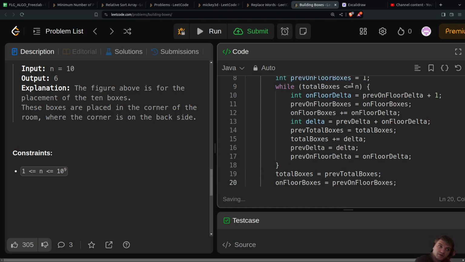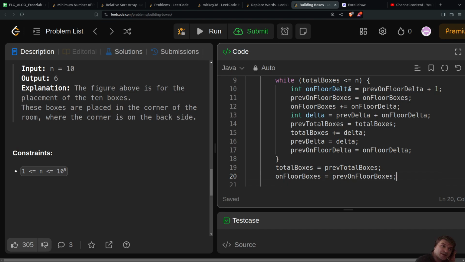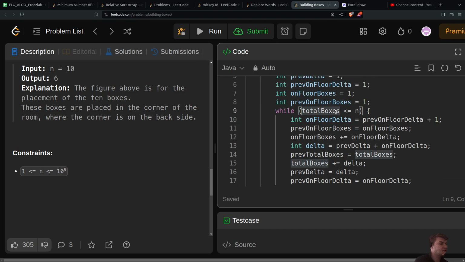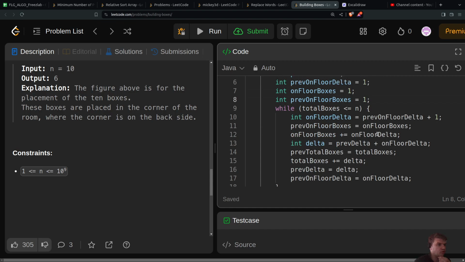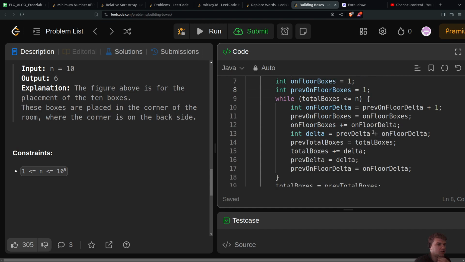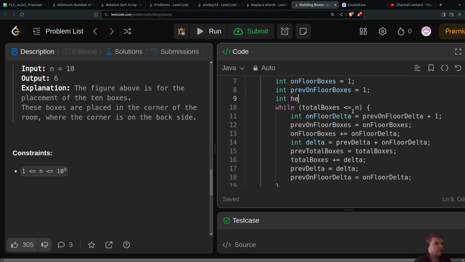So the current number is exceeding n of total boxes under the triangle, so I need to go to the previous total boxes under the lesser triangle, and also I want to calculate the height.